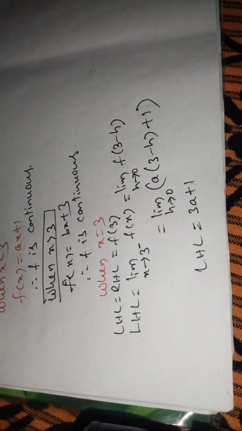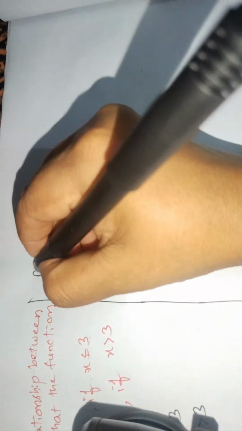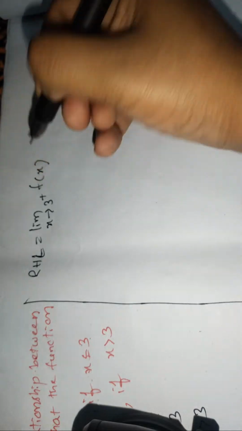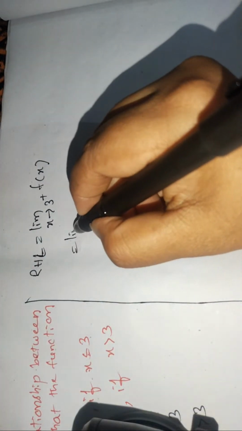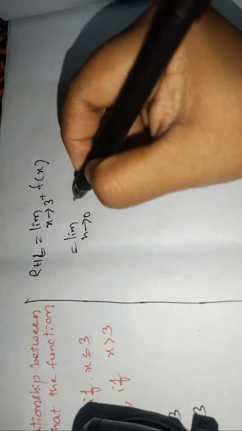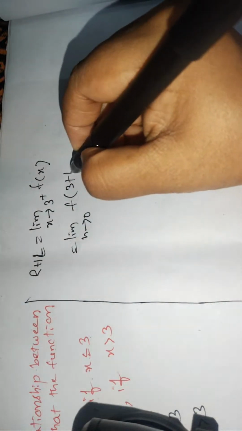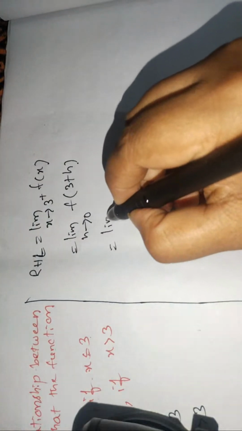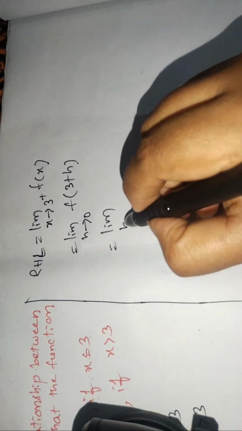Then take RHL. RHL means right hand limit at 3: limit x tends to 3 plus f of x, which is limit h tends to 0 of f of 3 plus h.